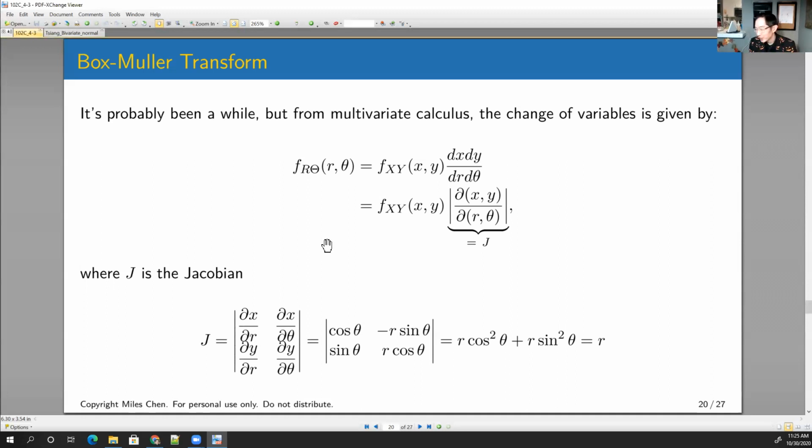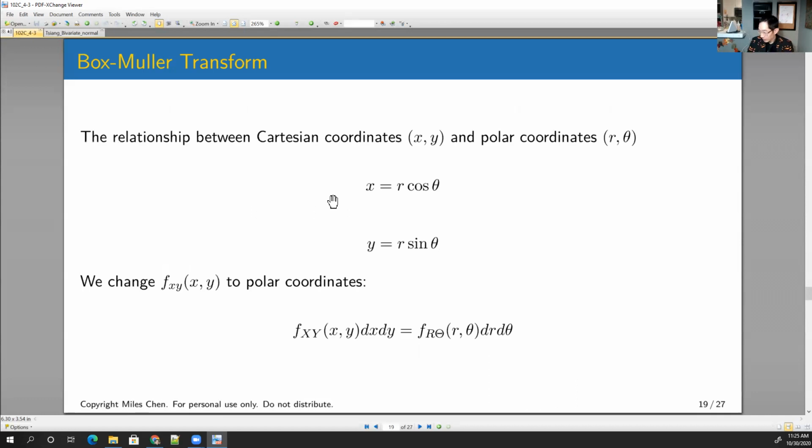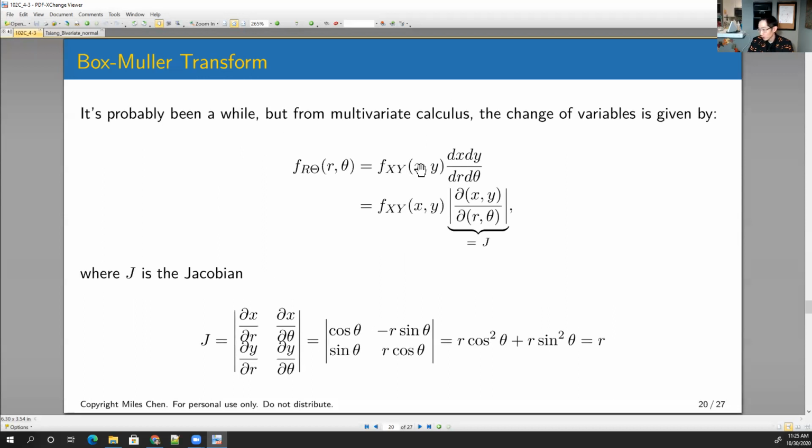Maybe it's been a while since your multivariate class, but this is how you would do your change of variables. What is the function of r and theta? We're going to divide both sides by dr d theta, so I've got f of x, y, dx dy over dr d theta.